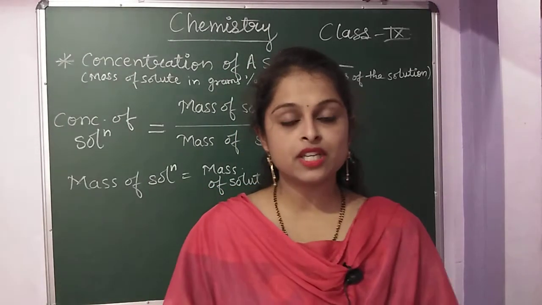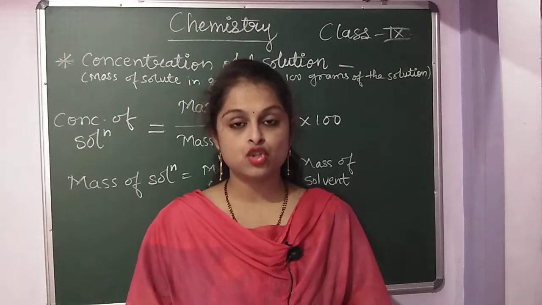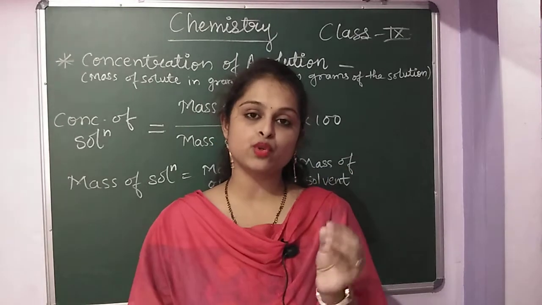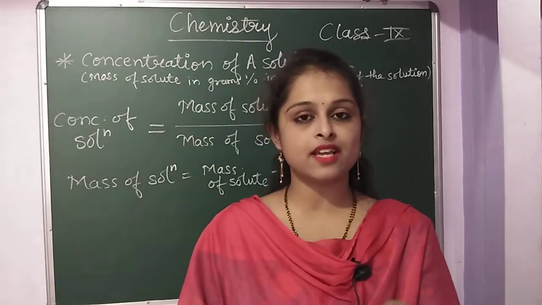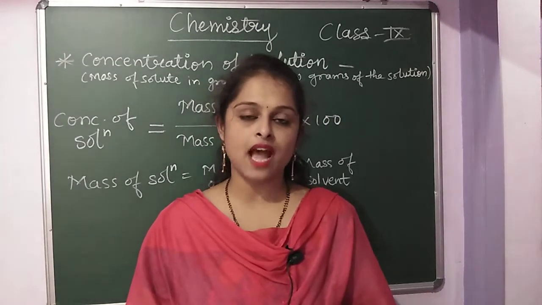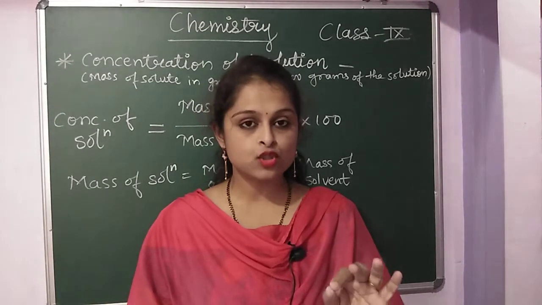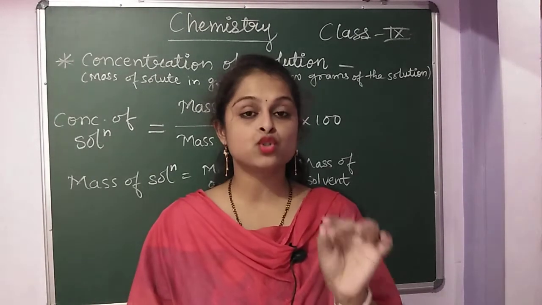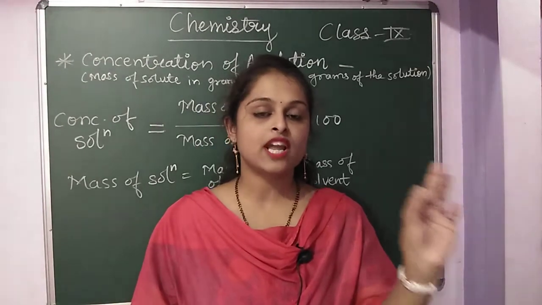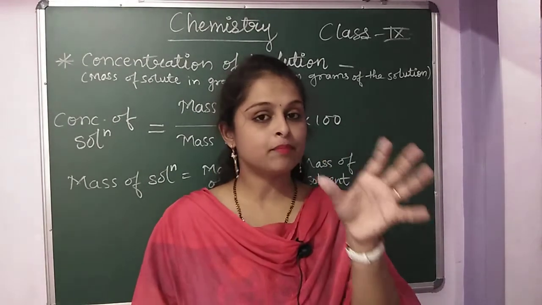A dilute solution is a solution in which a small amount of solute is present. When a low amount of solute is present in the solution, it means there is a low concentration, and due to that low concentration the solution is considered a dilute solution. Take a solute like sugar and a solvent like water, which together become a solution.